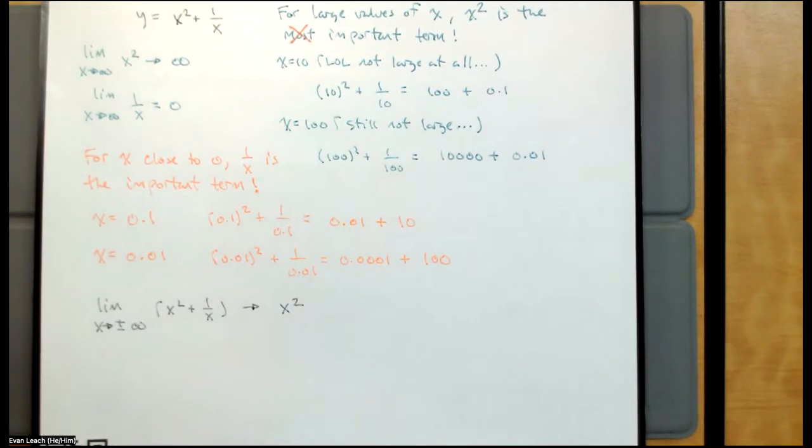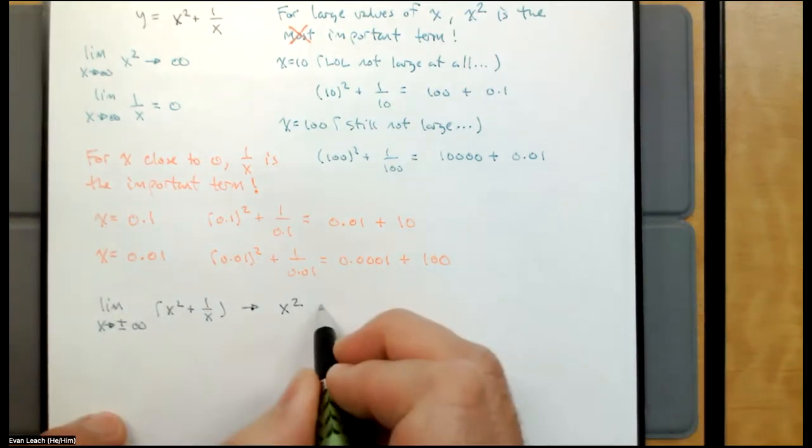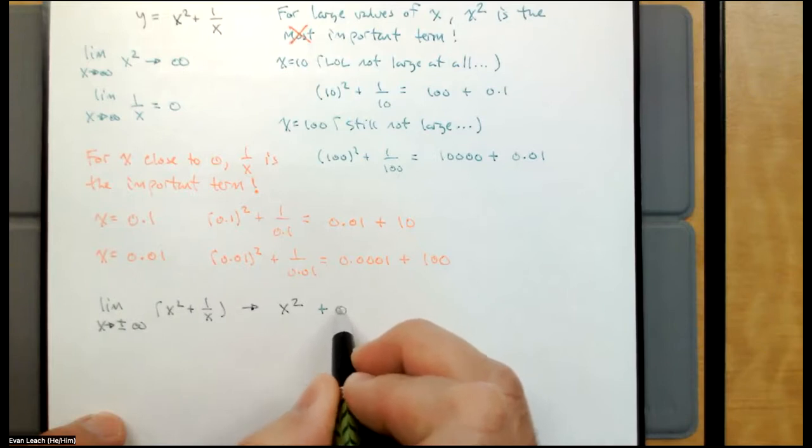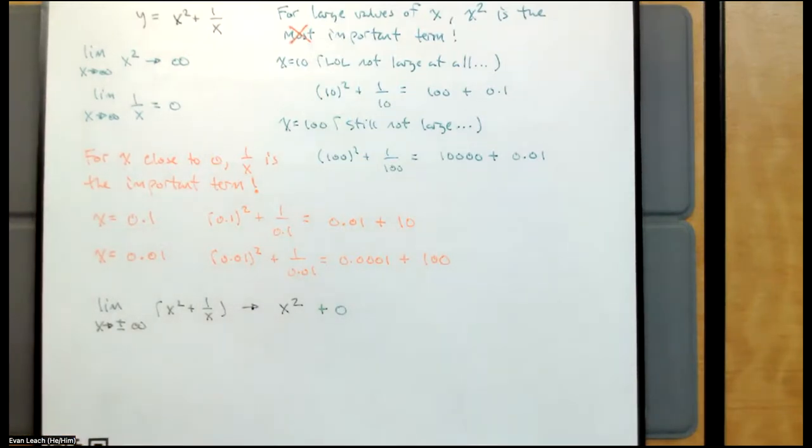As x is going to plus or minus infinity, the x squared is just going to look like x squared, and the 1 over x is going to look like 0. As x goes to 0, the graph looks like 1 over x, which goes to infinity, or negative.